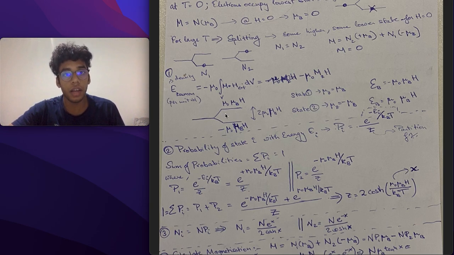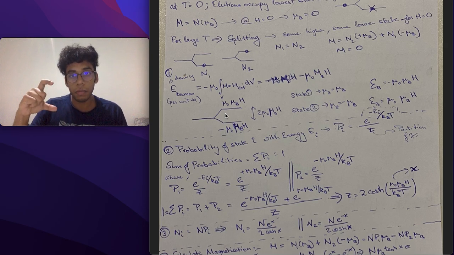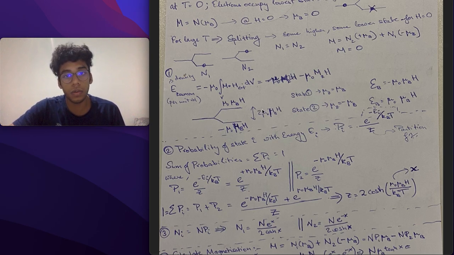Because the electrons occupy different energy levels, there's an energy gap that is generated, and that is given by 2 mu naught mu B H, right?